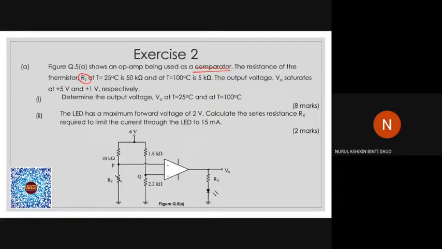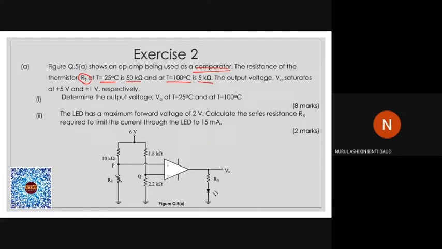Okay, there's a subscript T here because it refers to the resistor value that can be changed, yeah, when the temperature is changed, where at 25 degrees the value of the resistor is 50 kilo ohm, and when the temperature is at 100 degrees the value of the resistor is 5 kilo ohm.